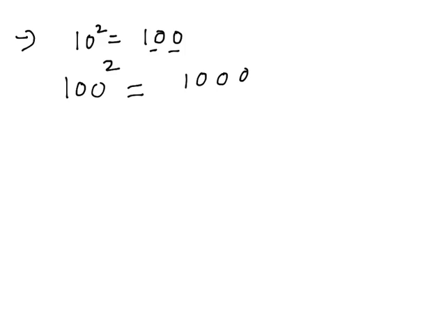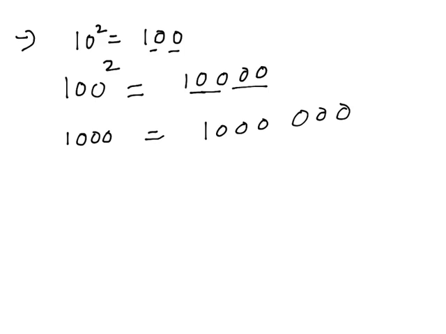And in perfect squares we have one more property: a square number can have only an even number of zeros at the end. 10 squared gives us 100, which has an even number of zeros. 100 times 100 gives us 4 zeros, again an even number. 1000 squared gives us 6 zeros.